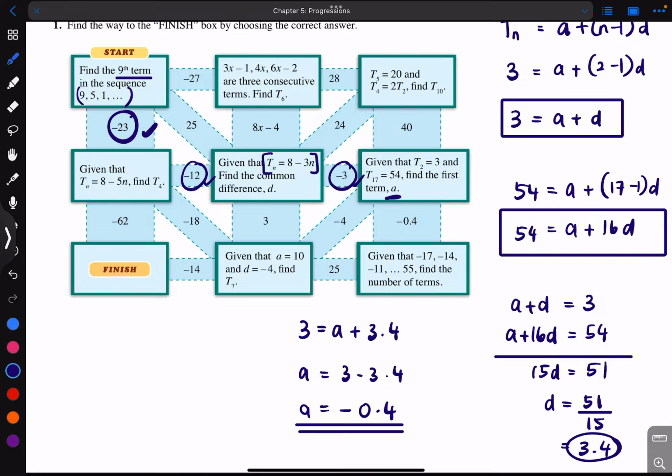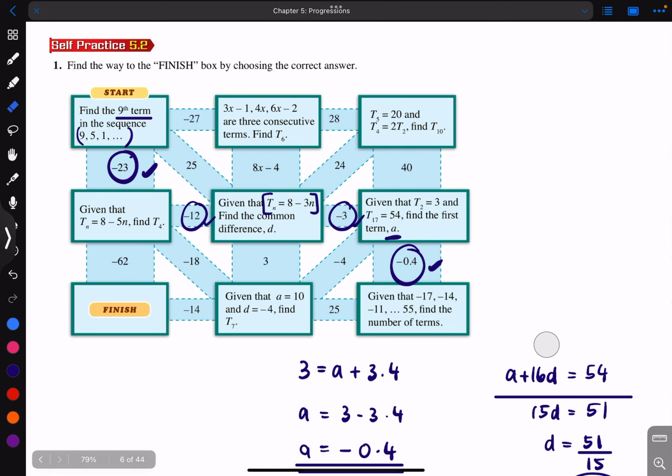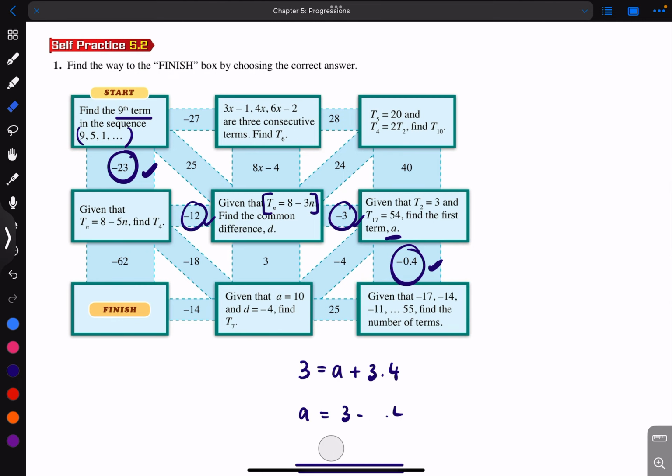This will be our answer. So we get here. This is quite long, so you have to do one by one. This one is simultaneous because we have two unknowns. Right. Then the next one.